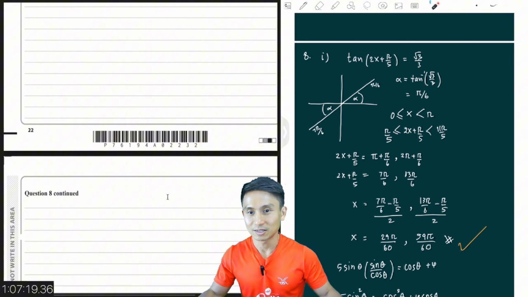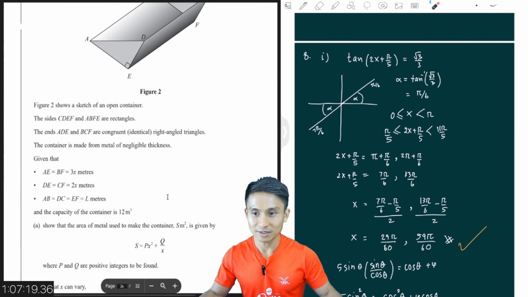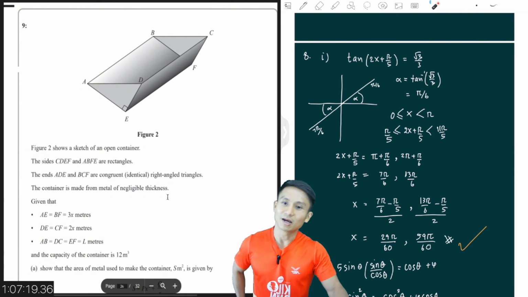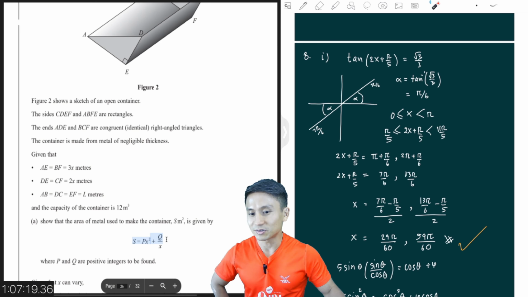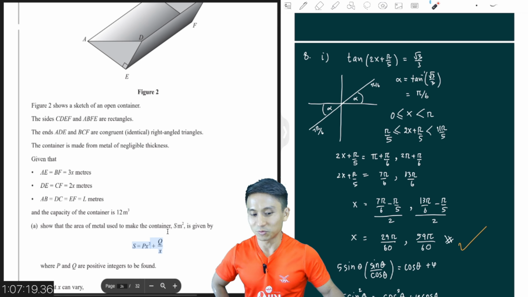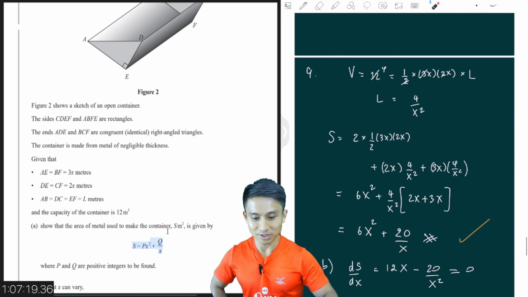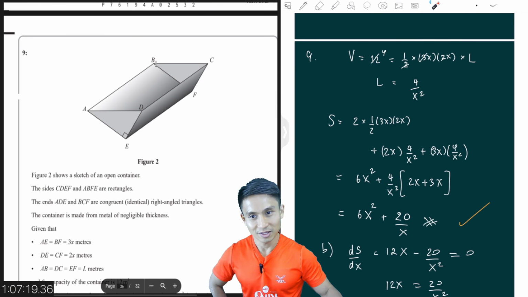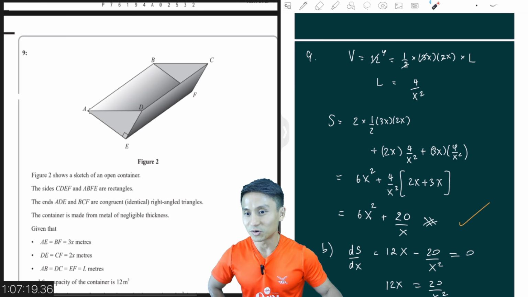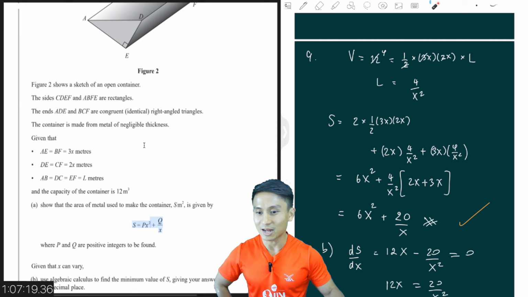Okay. Number 9. This one almost flopped. If it didn't show me this format, then I would have lost a mark here because at first I accounted for the open face here, which should be nothing, but I took A, B, C, D here and added it in.